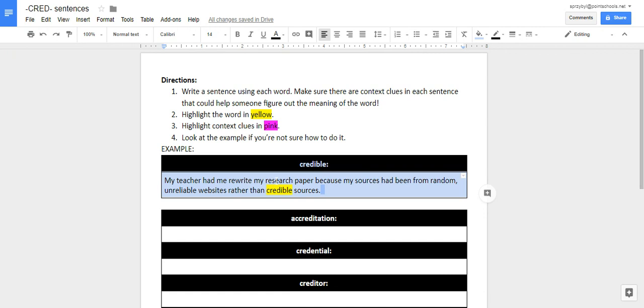Now I need to think, if I were reading this sentence as a person who didn't know what credible meant, how could I figure out that it means able to be believed? And what I came to was that we've got some antonyms, some opposite sort of words. This idea of random and unreliable.